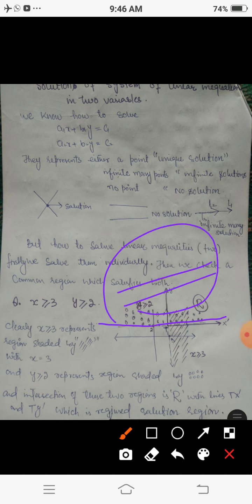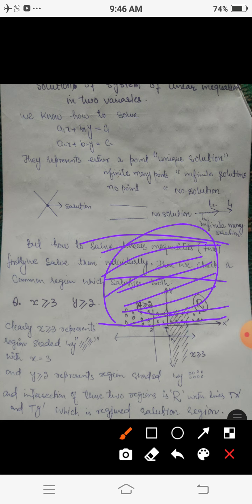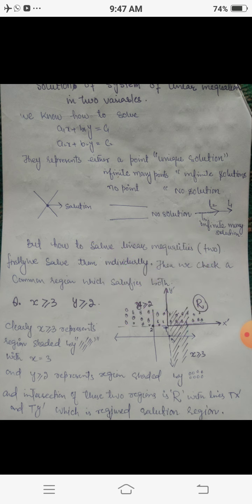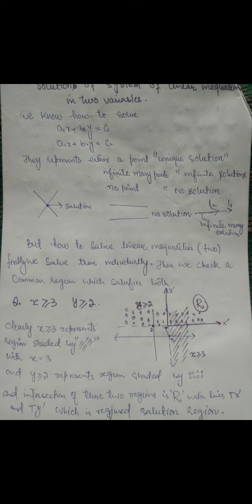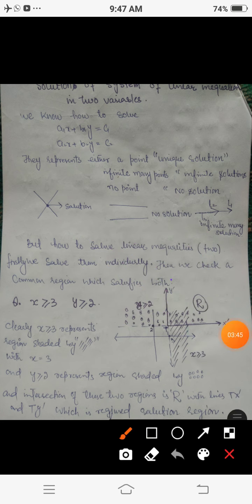This is the solution portion of y greater or equal to 2, and the points from this region satisfy this inequation. Now here we have two regions: this region represented by x greater or equal to 3, and this region represented by y greater or equal to 2.